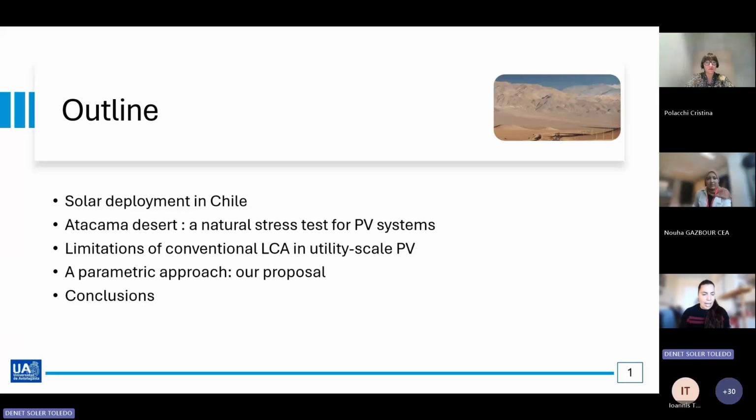First of all, I will introduce the context of solar deployment in Chile and the role of the Atacama Desert as a place of capacity. Then some of the limitations of conventional LCAs in utility scale PV. Cristina has mentioned some of them, and our approach to fix this problem, a parametric approach, and some conclusions about the results in general.